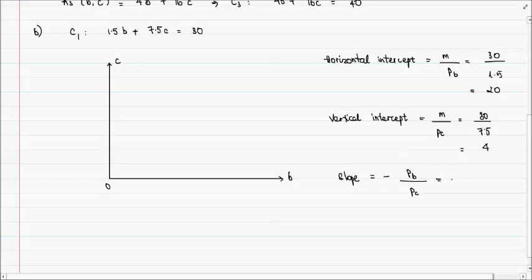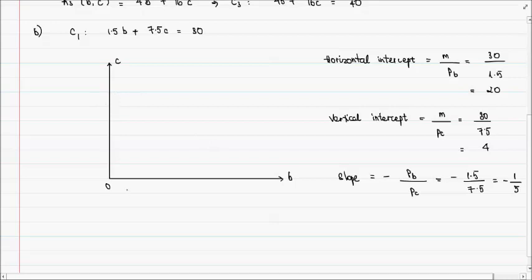In this case I got negative 1.5 on 7.5, and that is negative 1 on 5. So I have everything I need. I should be able to draw a straight line with the two intercepts.